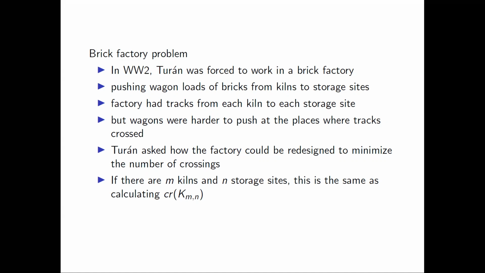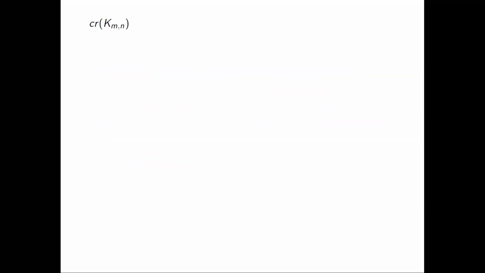So if you assume that there are M kilns and N storage sites, this problem that Turán was considering was the same as the problem of calculating the crossing number of K sub M comma N, the complete bipartite graph with parts of size M and N. And so this is still an open problem.